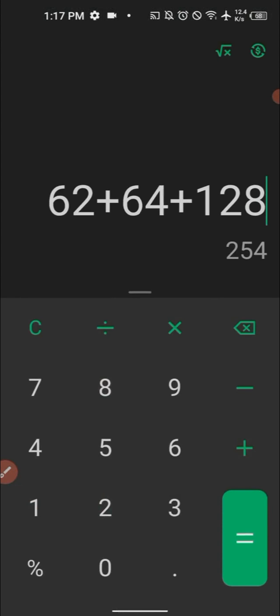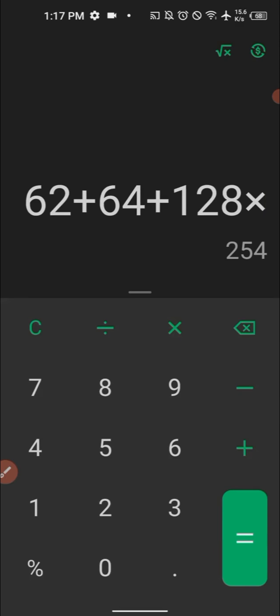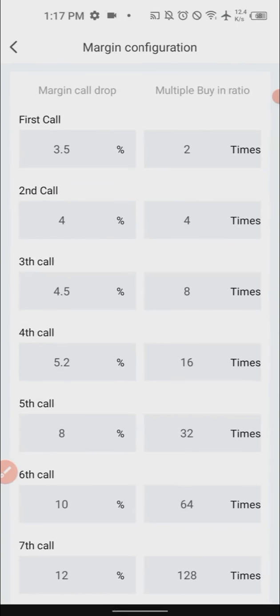So what this simply means is if you want to trade this strategy, you are buying the coin in 254 places. So 254 times 10 will be about 2,540. So meaning if you want to trade one coin and you want to use $10 as your initial entry, you need to have $2,540 to be able to trade that coin if you are using this strategy.